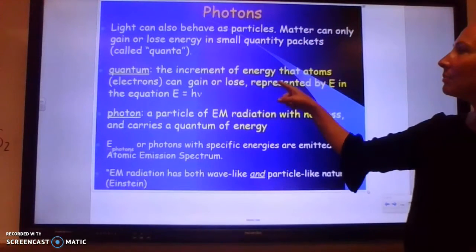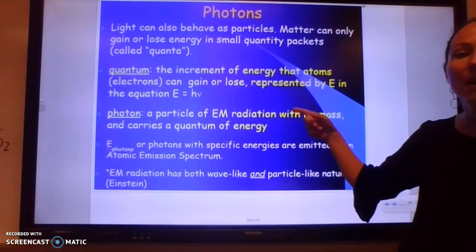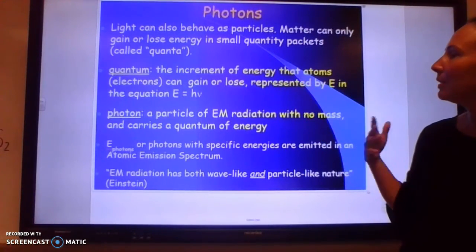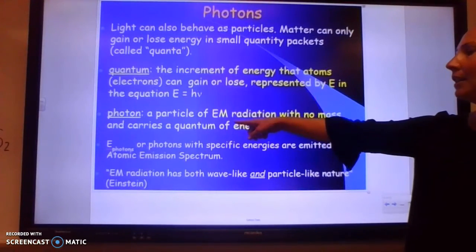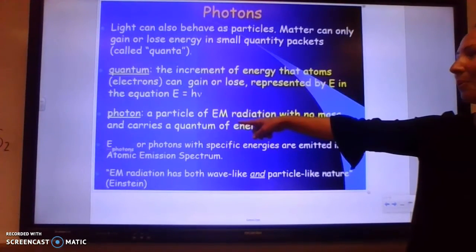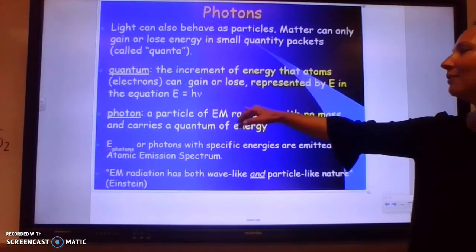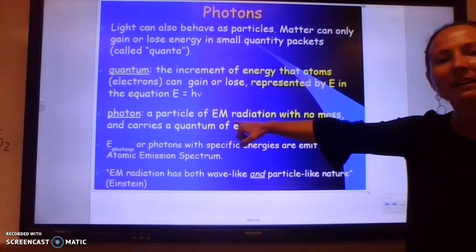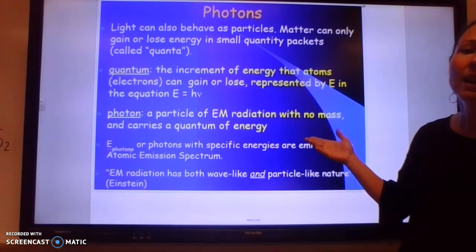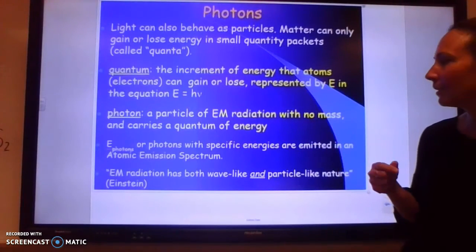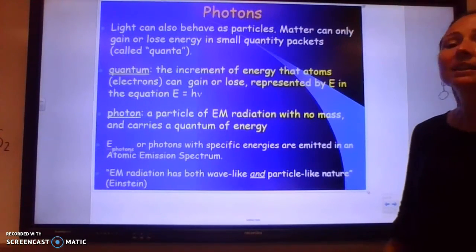Okay, so a quantum is basically your amount of energy that is being gained or lost by the electrons. Okay, and then you have photons, which is a particle of EM, electromagnetic radiation. They don't have a mass, okay, but they do have a quantum of energy associated with them.